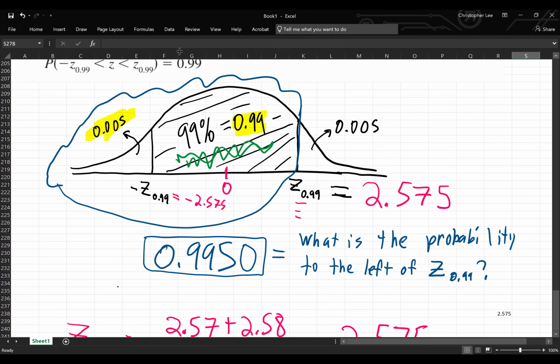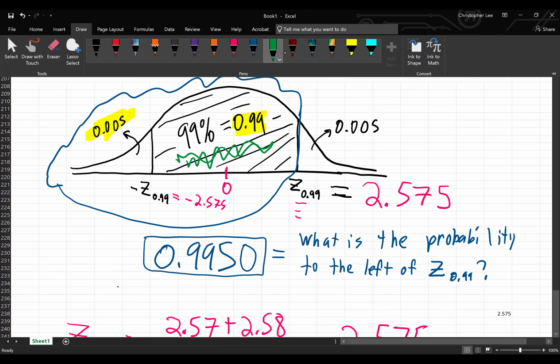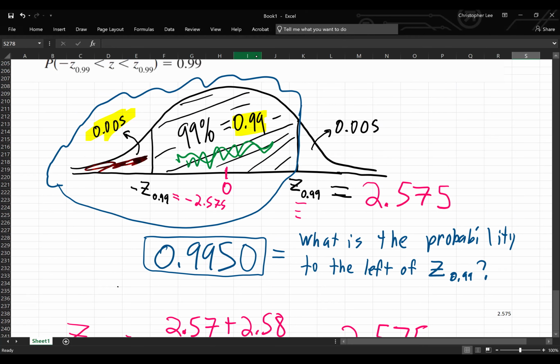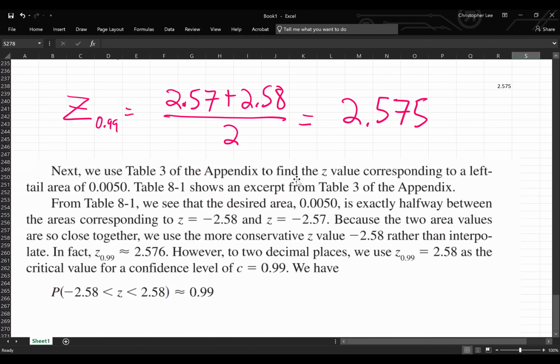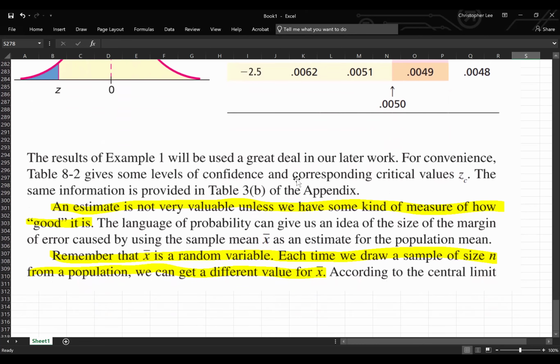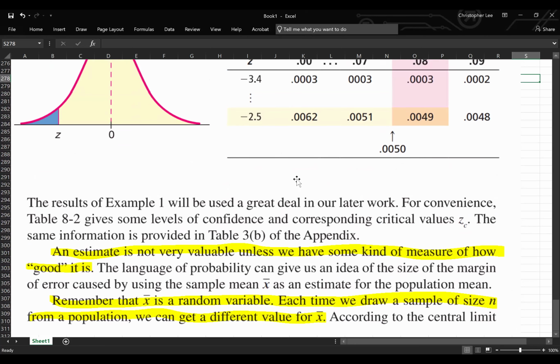All they looked up was this part, and then they found that. That's the difference. I'd rather look up the positive one. I don't like negatives, not even in my bank account.